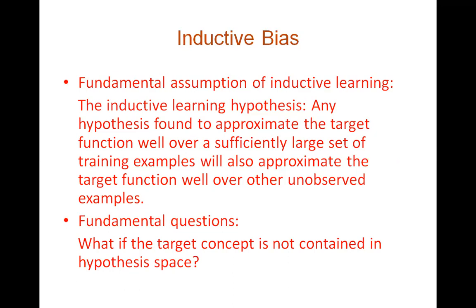Okay. So we have applied this algorithms on some training data. What does inductive bias says? Inductive bias says that if you have applied it for large data set to approximate the target function, for unseen data also it may be applied. So that is inductive bias.